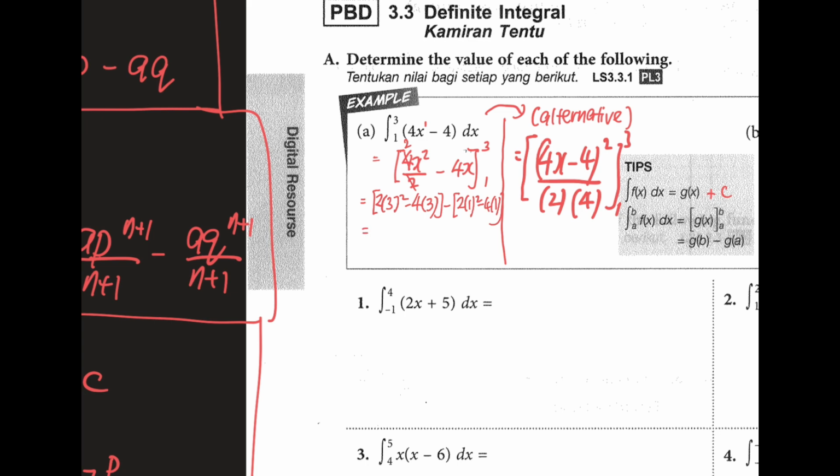And then we check with calculator. So the idea is you substitute upper limit into whatever result you get, then minus with the substitution of the lower limit to the result. Now I press calculator. 2 times 9 minus 4 times 3. So the front part I get 6. The second bracket, 2 minus 4, I get negative 2. So at the end I get 8.